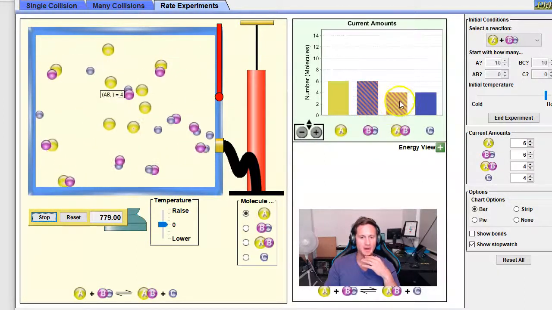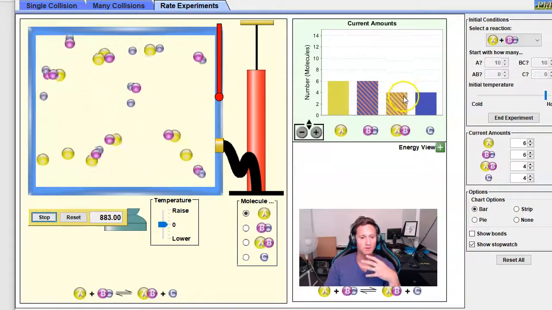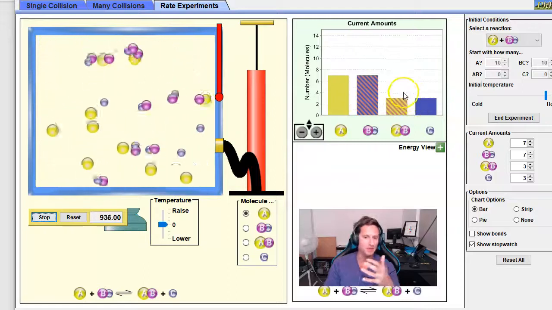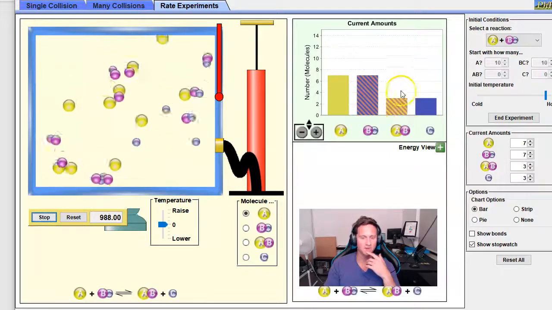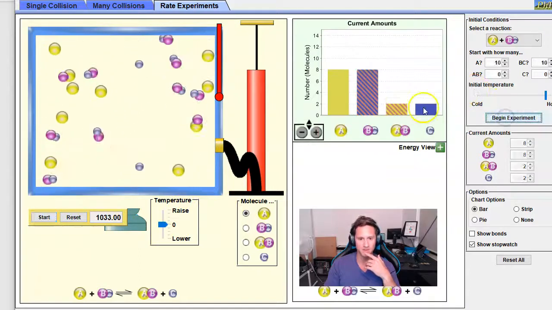So I could say that the product particles were formed very quickly, and then there's a change back to forming reactant particles because it is a reversible reaction. So if I end the experiment right there, that endpoint probably isn't indicative of what really happened. So maybe I need to go back and change my timing, or just explain what happened a little bit, because it happened obviously a lot quicker.